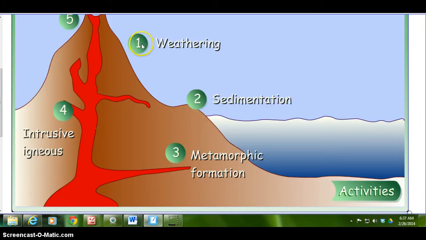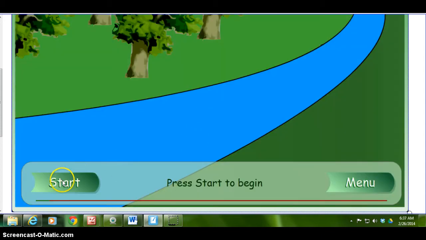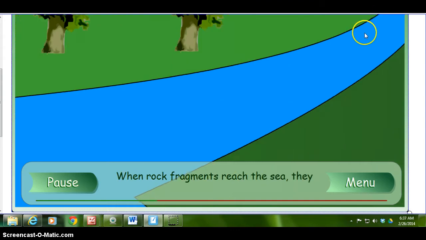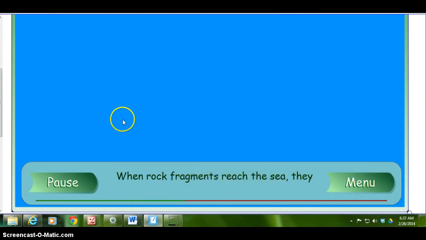After weathering occurs and they're broken away, erosion, like I said, washes them away. They settle somewhere, and that's called deposition. These rock fragments are transported by rivers. Some of them get taken away. You can see the little particles in there, and they come down and they settle.